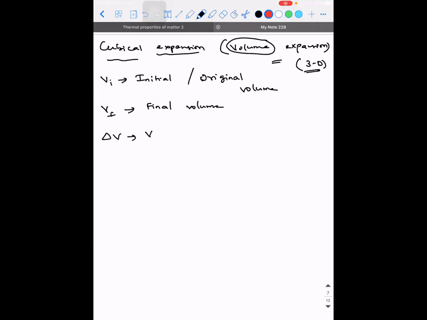Delta V is V final minus V initial, which is the increase in volume in this scenario because it's expansion. And delta T is the rise in temperature. I hope you understand the rise in temperature is also the change in temperature. Okay. So how should I start the statement? Delta V is directly proportional to, by now you should have understood the logic.